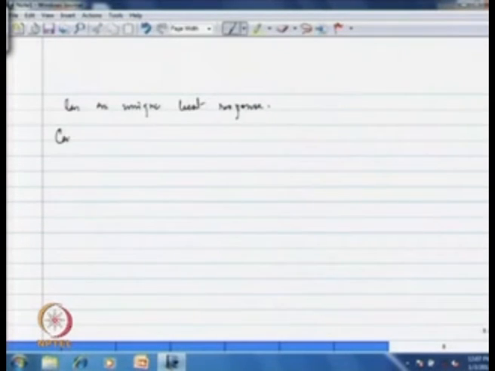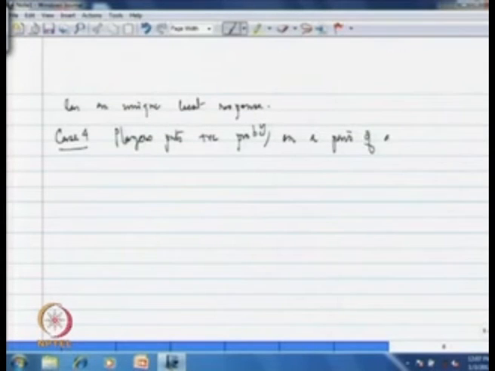Now, case 4, players put positive probability on a pair of actions. Can this be a case?